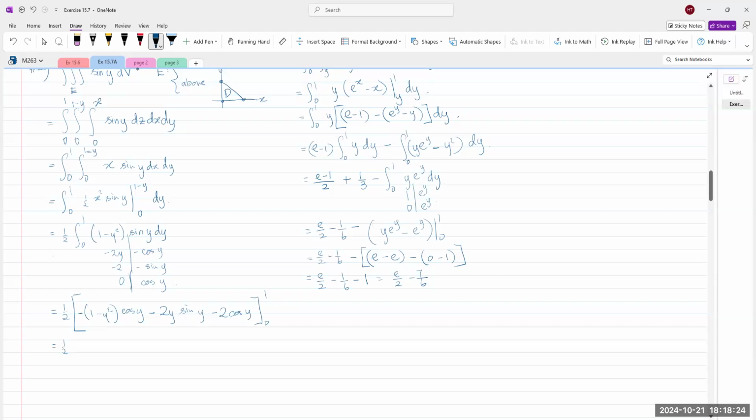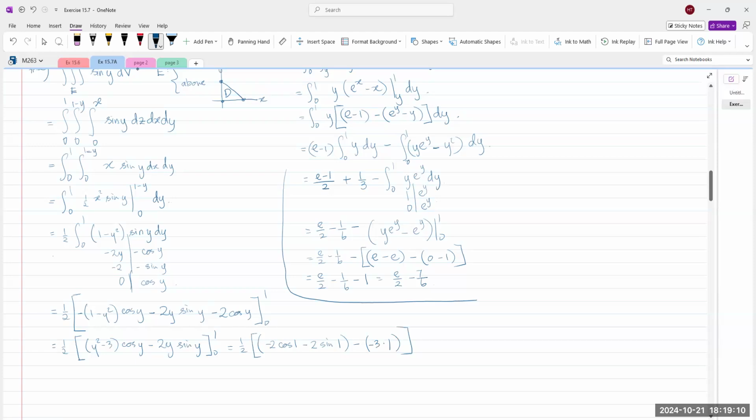Let me make it nicer. That's y squared minus 3 cosine y minus 2y sine y from 0 to 1. When I plug in 1, I get negative 2 cosine 1 minus 2 sine 1, minus, when I plug in 0, I get negative 3, cosine 0 is 1.